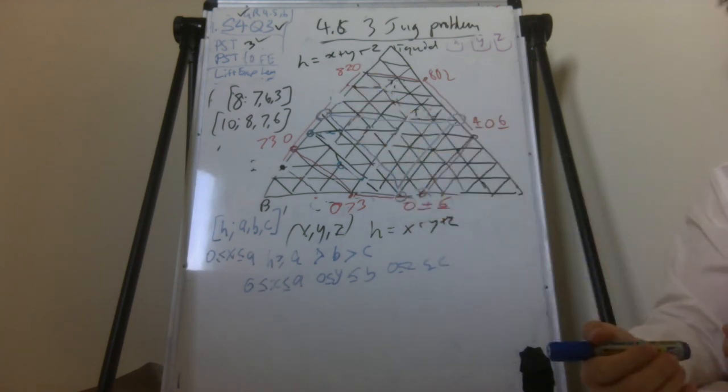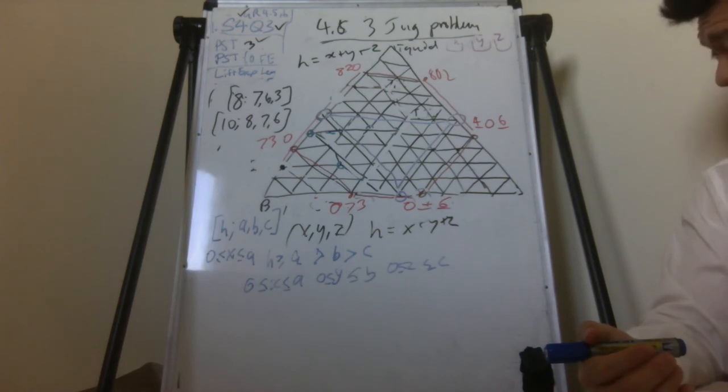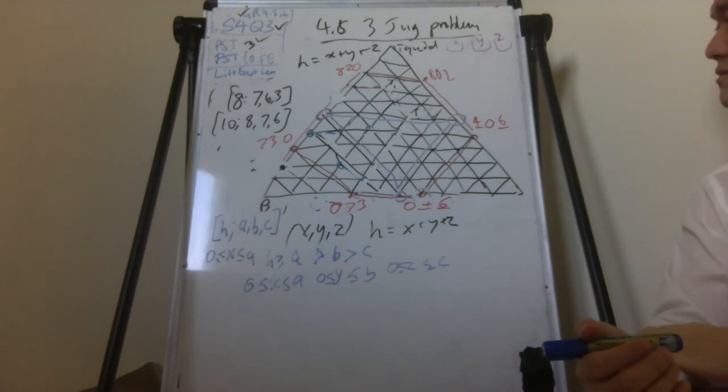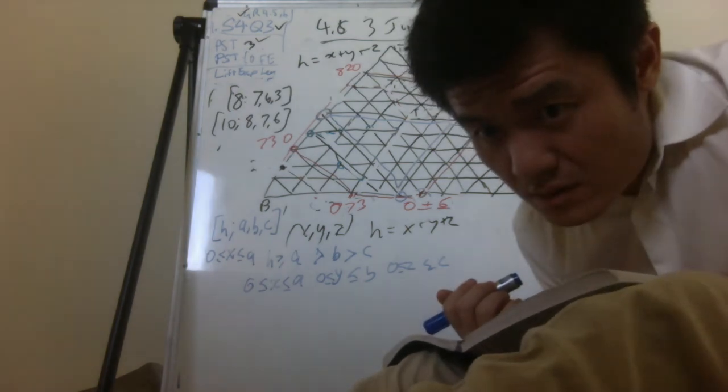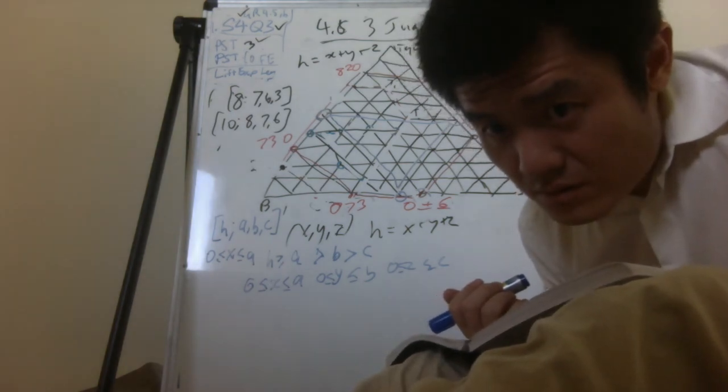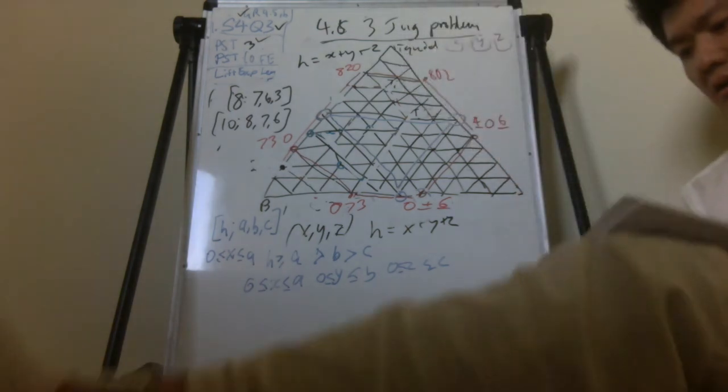Mm-hmm. 2D. What's 2D got to do with it? 2D is greater than or equal to A.